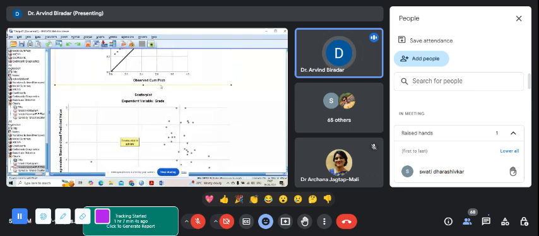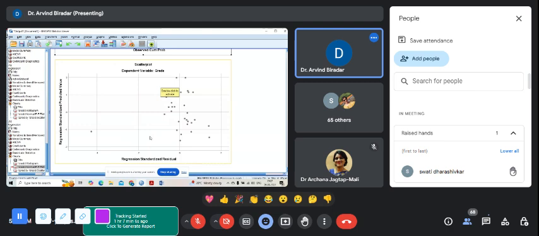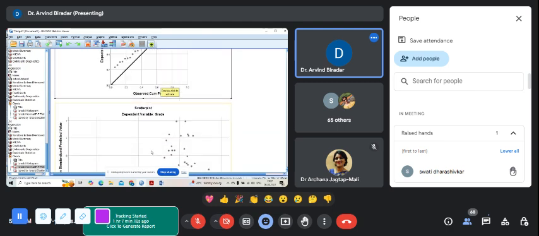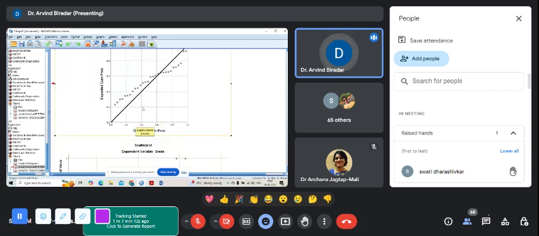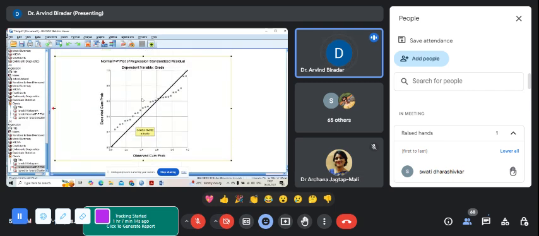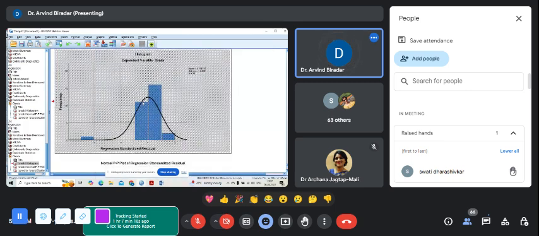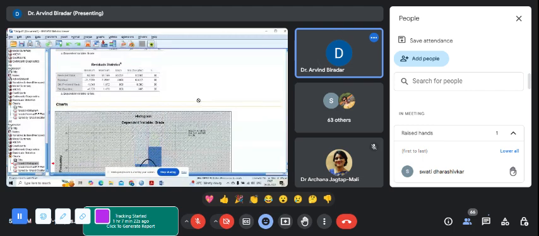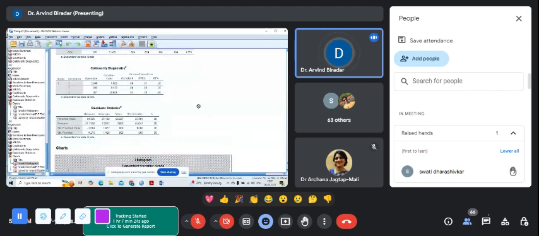So this is scattered. Non-normal is expected probability, non-normal variables.